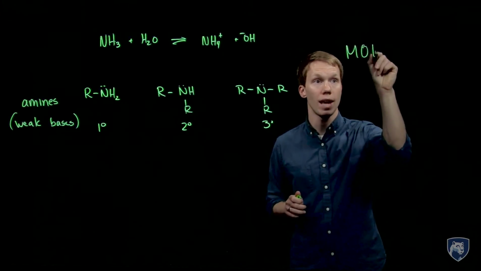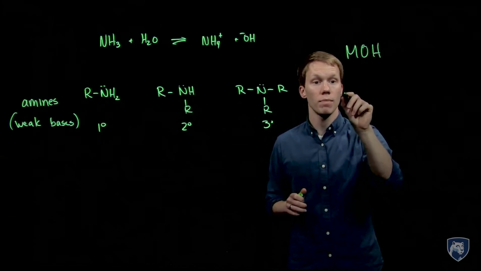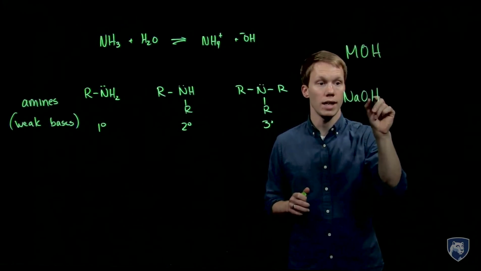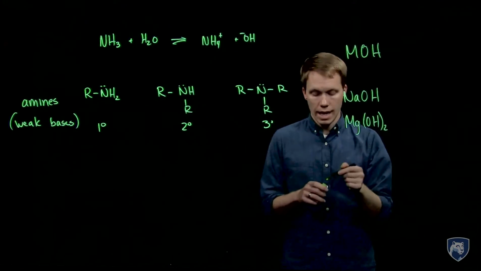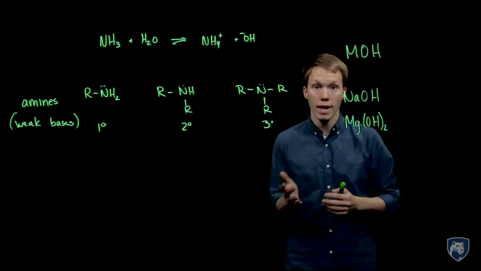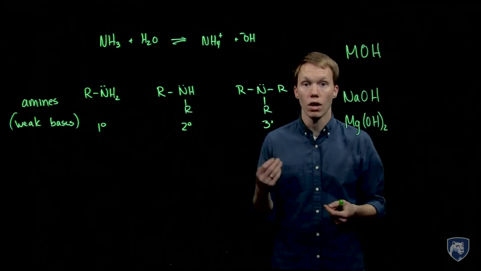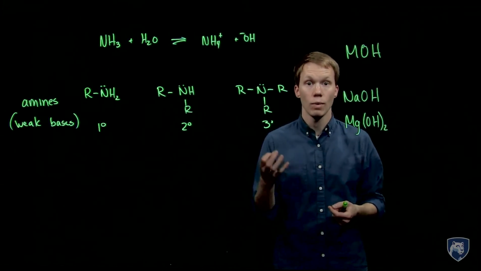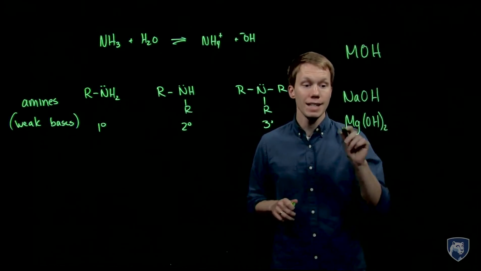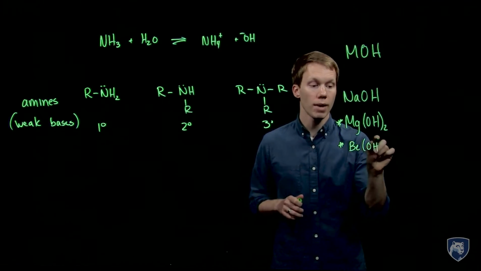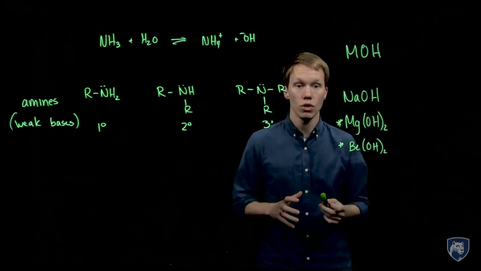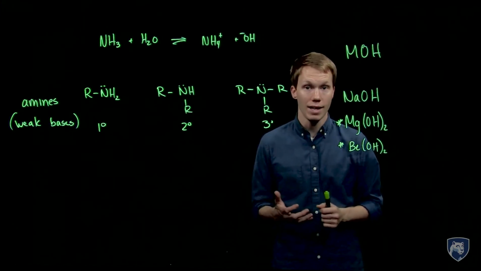This could be sodium hydroxide, it could be magnesium hydroxide. And these group 1 and group 2 metal hydroxides are all strong bases with the exception of magnesium hydroxide and beryllium hydroxide. These compounds do not dissociate 100% into ions.